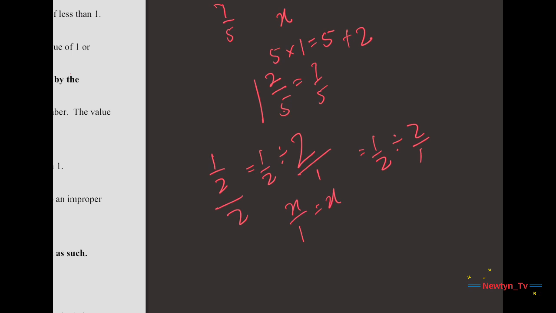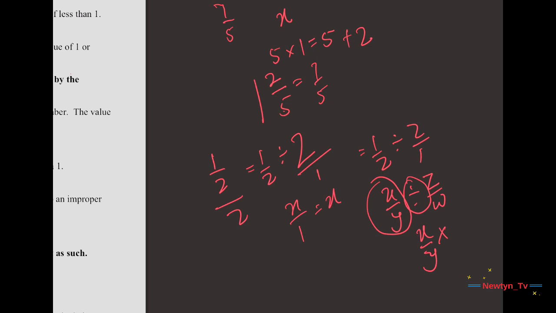Whenever you have a number like x on y divided by z on w, what we are supposed to do is maintain the first fraction, which is x on y. Then we change the division sign to a multiplication sign.